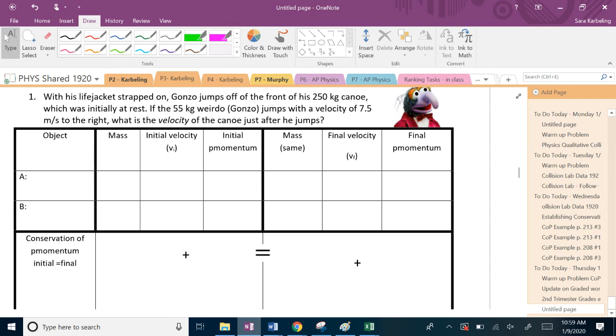Gonzo's going to jump this way. What's going to happen to the canoe? It's going to go the other way, right? Because the total momentum at the end has to be the same as the total momentum at the beginning. It has to equal 0. So the initial velocity for both objects is 0.